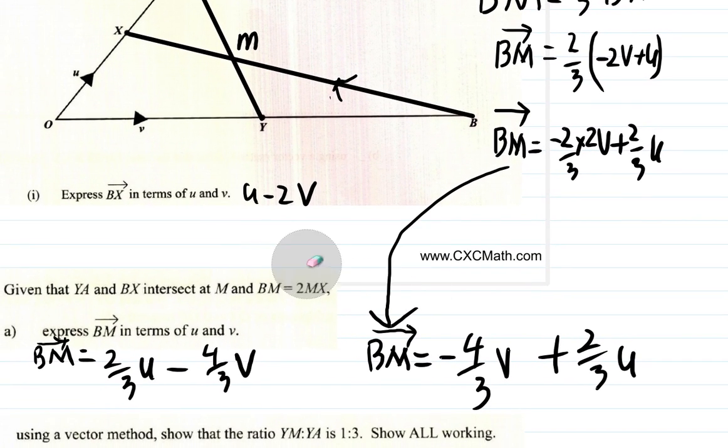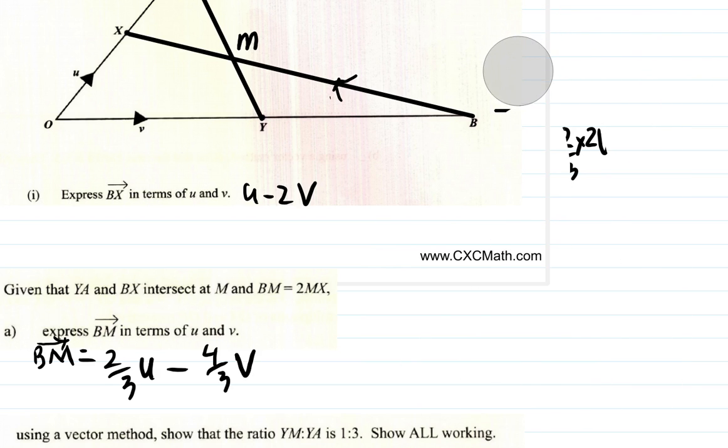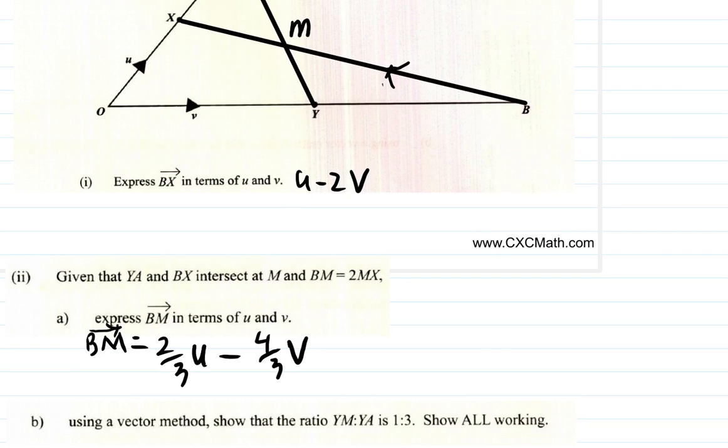But let's erase some of these things to make some space. Alright? Let's get rid of this here. Alright, now, thing is this. Let me put the question up here.